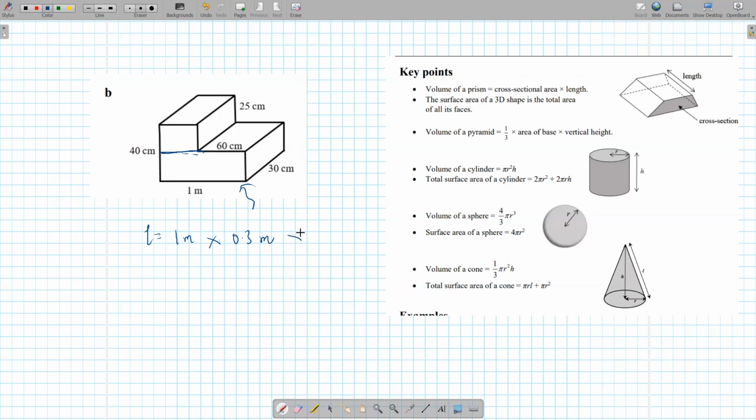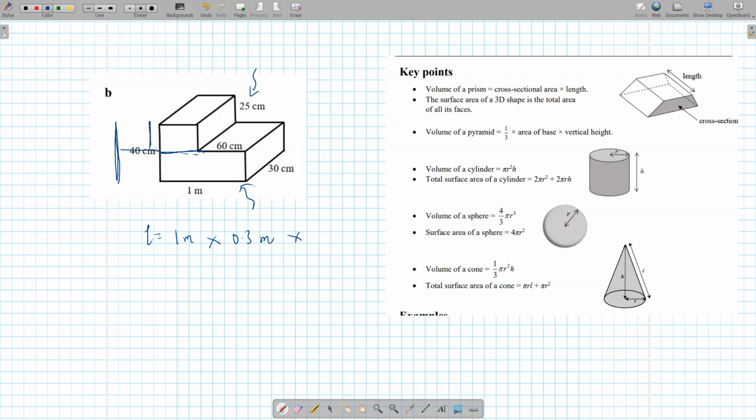Now, what's the height of this part on the bottom? 20? Nope. Look at this, it's not 20. 25? Nope, 25 is the height for the one on the top. The whole thing is 40, yeah?